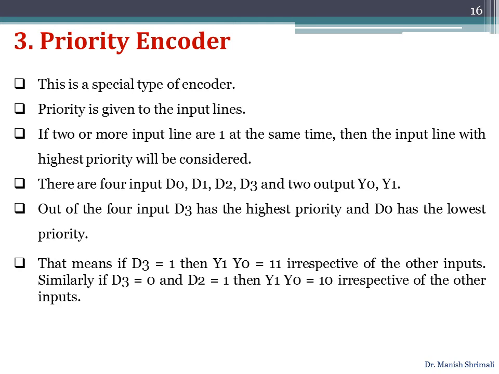There are 4 inputs D0, D1, D2, D3 and 2 outputs Y0, Y1. Out of the 4 inputs, D3 has the highest priority and D0 has the lowest priority. That means if D3 is equal to 1, then Y1, Y0 is equal to 1, 1 irrespective of the other inputs. Similarly, if D3 is equal to 0 and D2 is equal to 1, then Y1, Y0 is equal to 1, 0 irrespective of the other inputs.